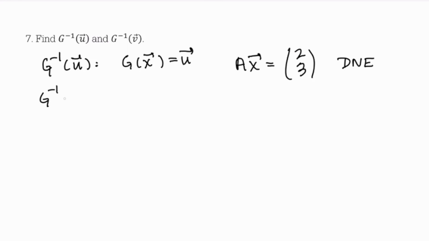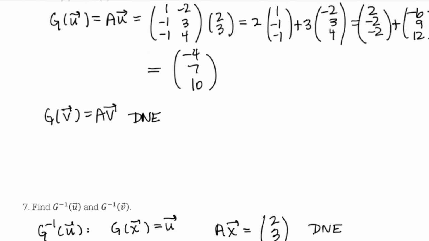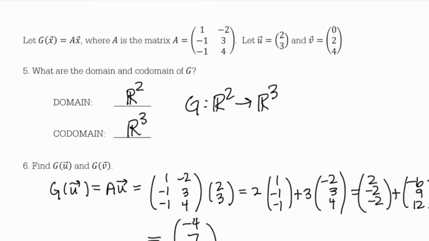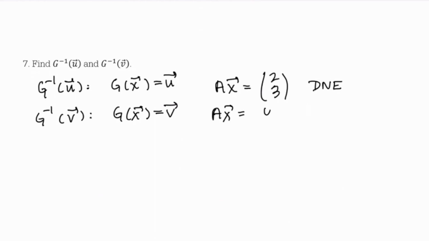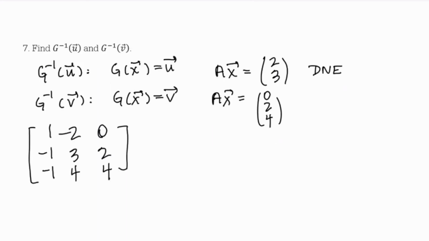And then g inverse of v is where we're solving the equation g of x equals v. So that's Ax equaling v, which was 0, 2, 4. To solve this equation, we need to row reduce a matrix. I take matrix A, augment it with v, and row reduce it. This one's really set up for us to row reduce well.